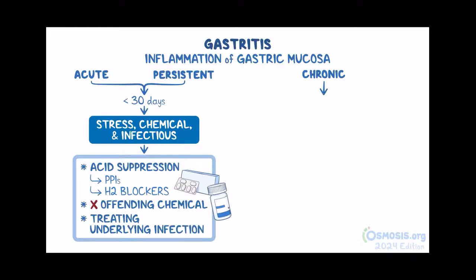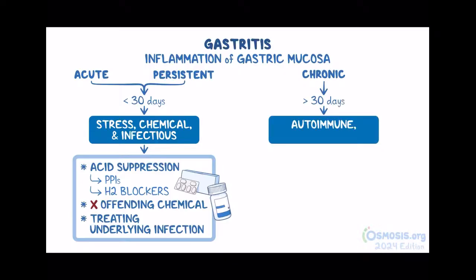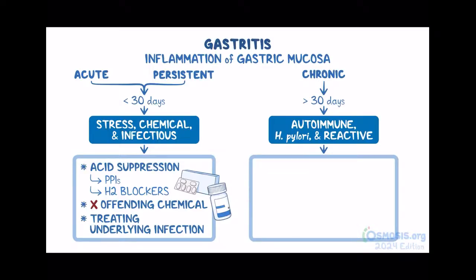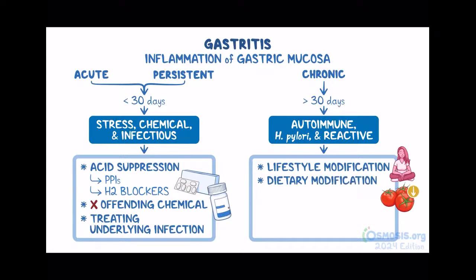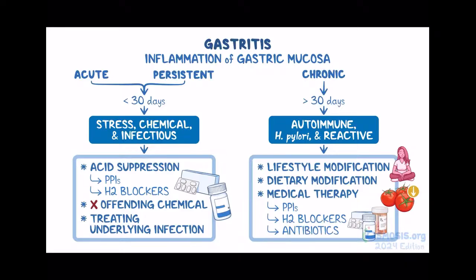On the other hand, chronic gastritis lasts for more than 30 days and includes autoimmune gastritis, H. pylori gastritis, and reactive gastritis. Treatment includes a combination of lifestyle modification, dietary modification, and medical therapy, including proton pump inhibitors, H2 blockers, and antibiotics, depending on the underlying cause.